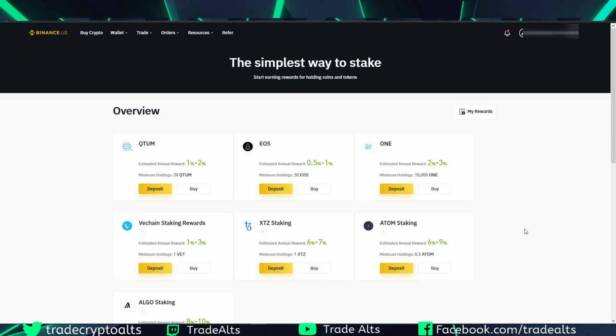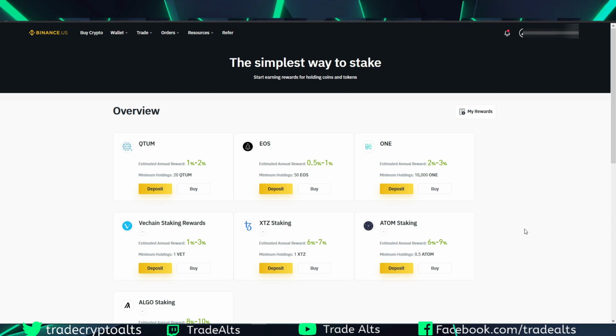But here's another really easy thing to do to compound those earnings, which is simply trading these pairs that you see in front of you. So if you're trading any of these pairs on Binance US and you're taking profit in crypto, which is what I do, it doesn't mean everybody has to do it, one of the benefits is you're able to earn essentially interest just by holding these coins in your wallet.